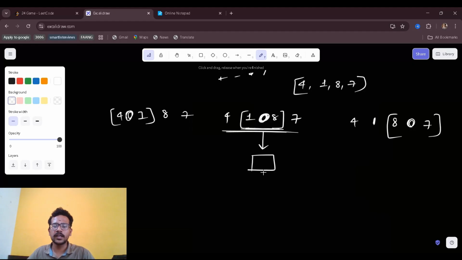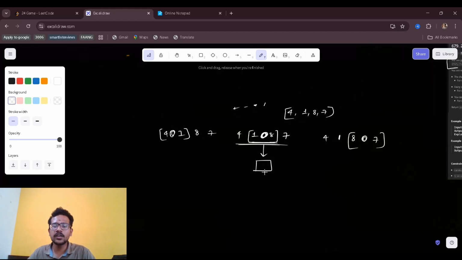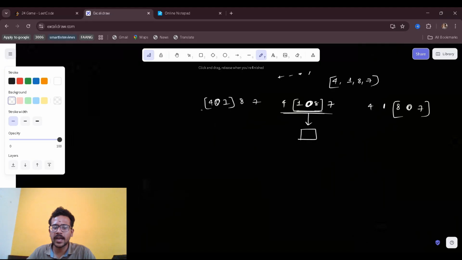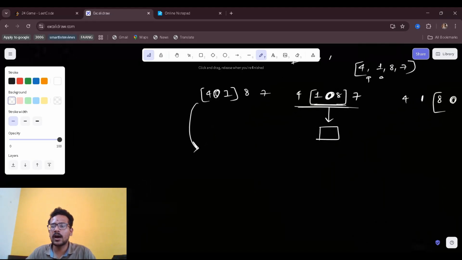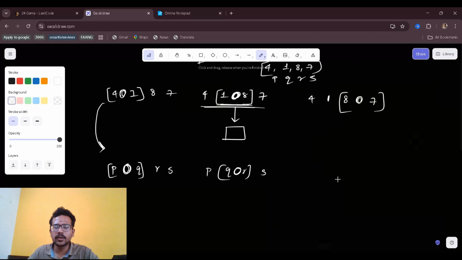So for that, instead of writing it as 4187, I am writing it as P, Q, R, S, right? So P, one operation between P and Q, and left out with R and S. P, Q and R, one operation and left out with S. So P, Q, R, and S is with an operation, right?